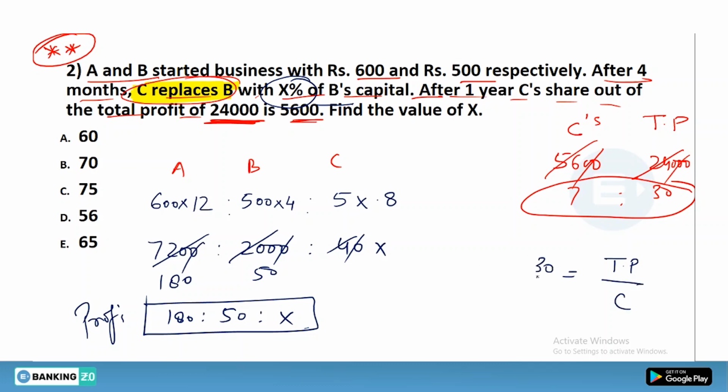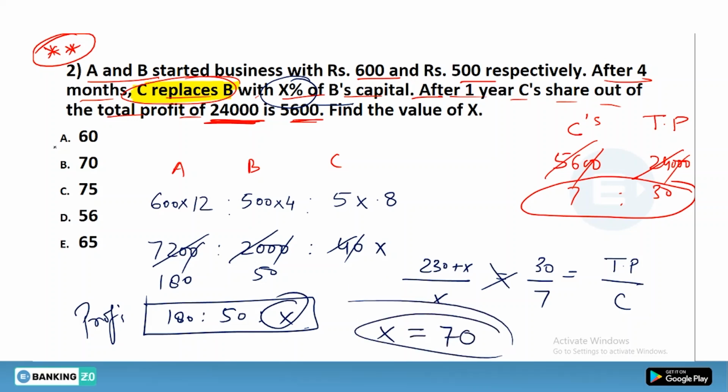What is the ratio? 30/7. And here you can add this and you'll get 230 plus X divided by C's profit, and that C's profit is X. After solving by cross multiplying, you'll get the value of X as 70. Hence option B will be the correct one, or else you can go by the options as well.